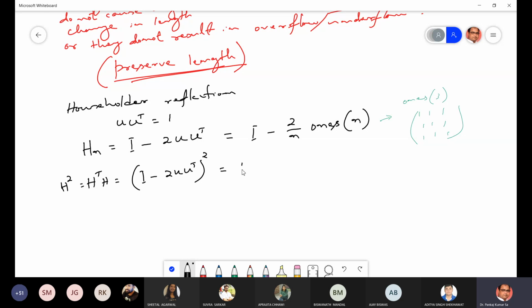That I can write as I minus 4 U U transpose plus 4 U U transpose U U transpose.